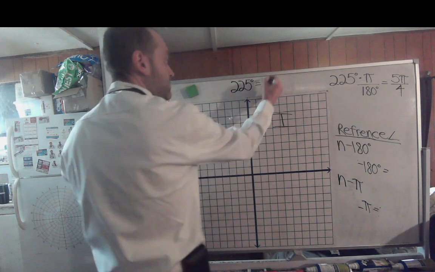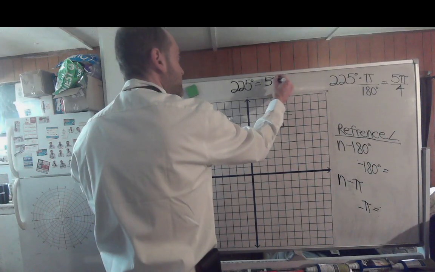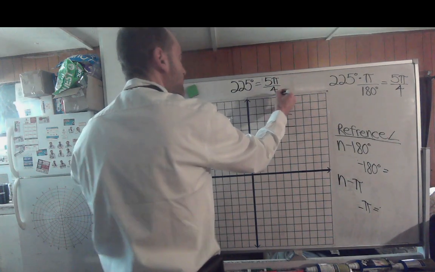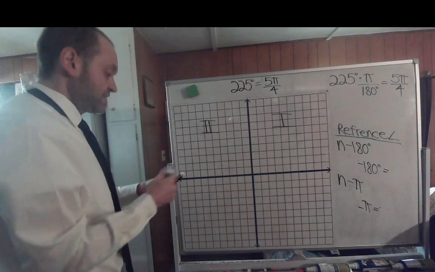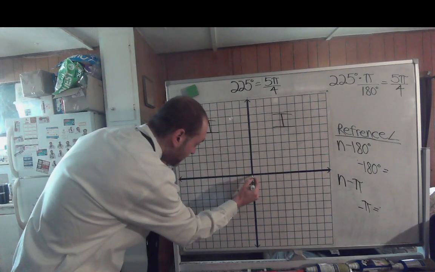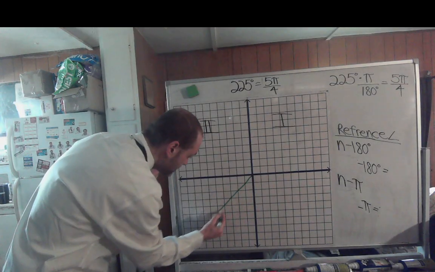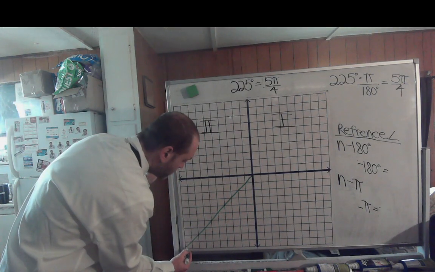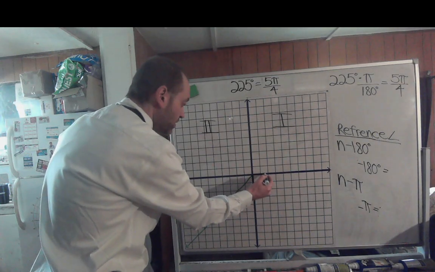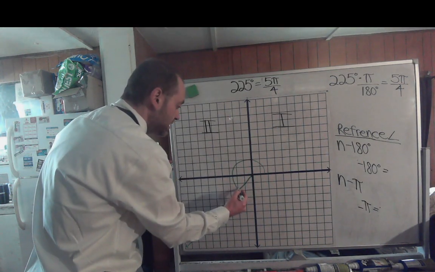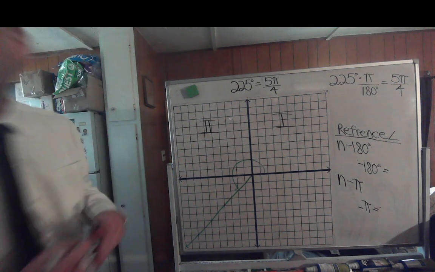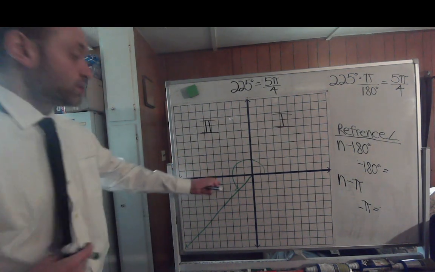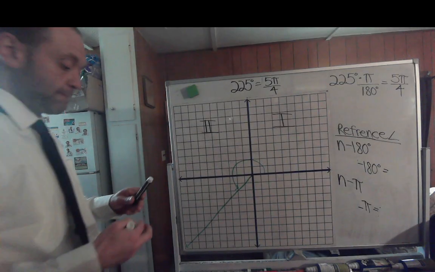So 225 degrees is the same as 5 pi over 4. So let's go ahead and sketch that. That's going to take up roughly half of the third quadrant. I did it in green on accident. Oh well. Here it's going counterclockwise because it's a positive angle. So there is your 225 degree angle.